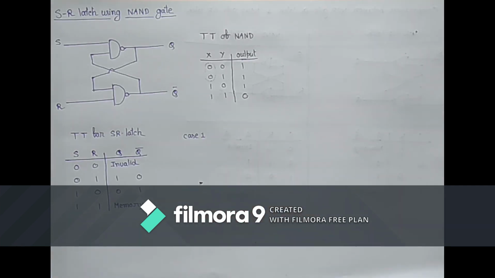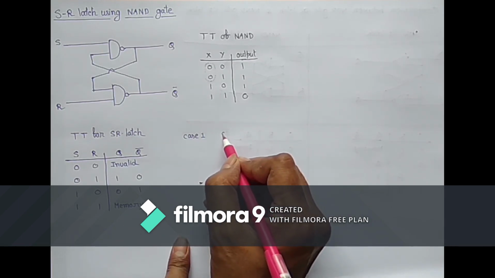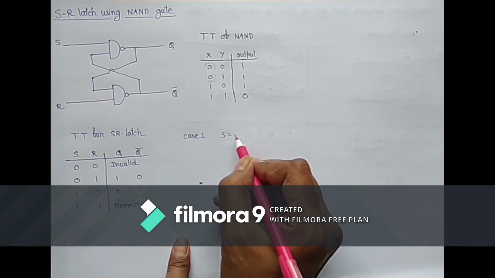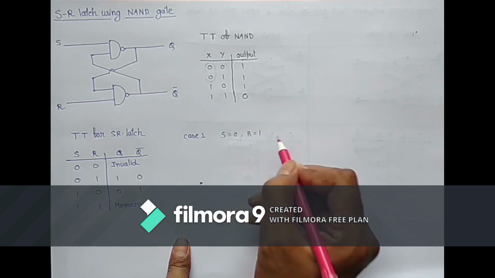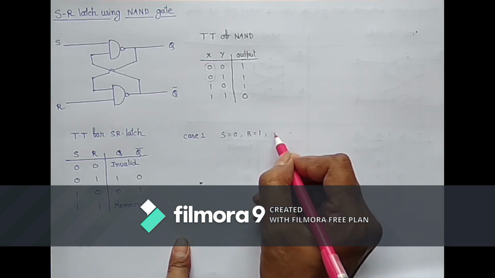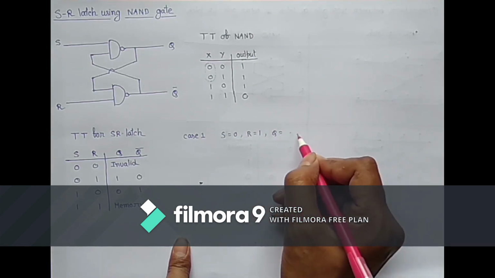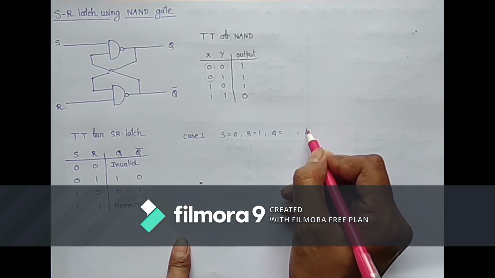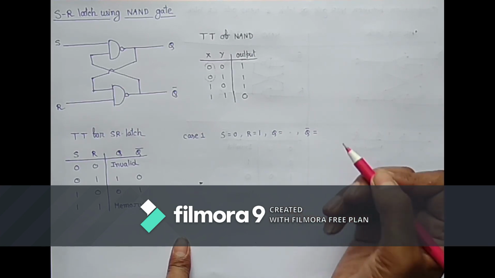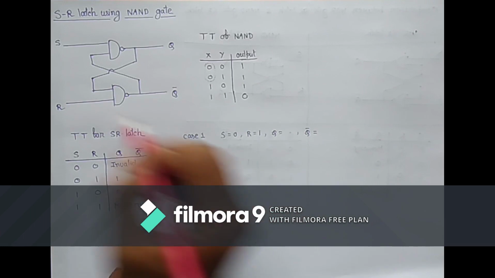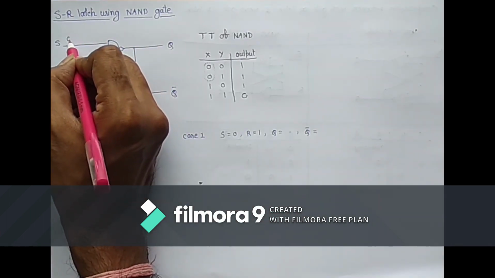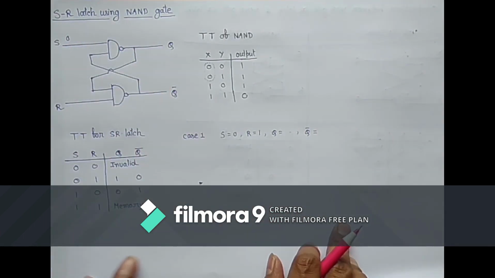In case 1 I am giving input S equals to 0 and R equals to 1, and we have to check the output of Q and Q bar.